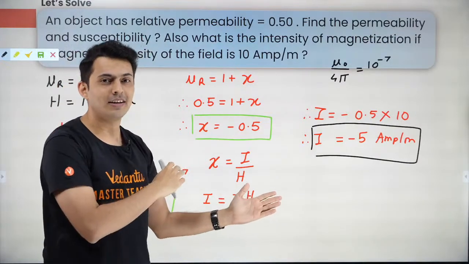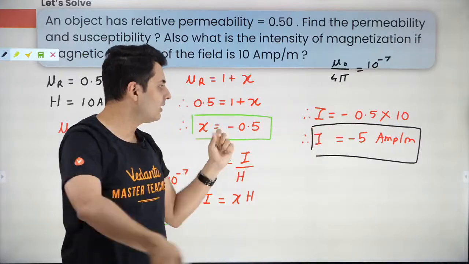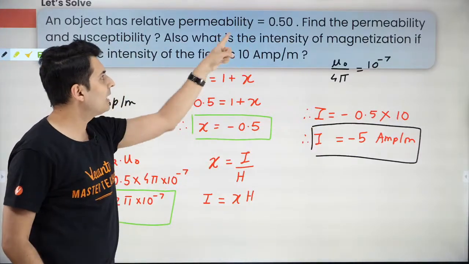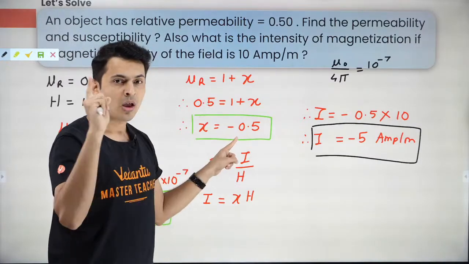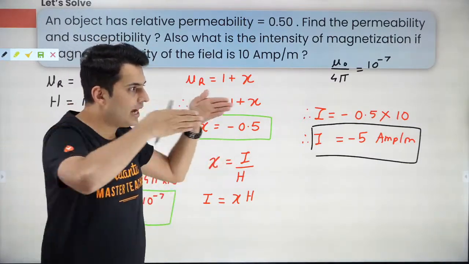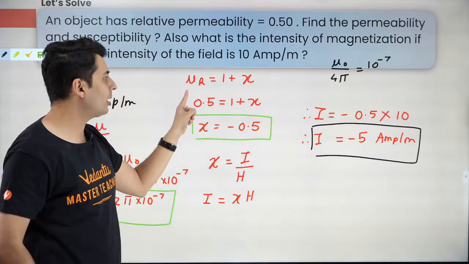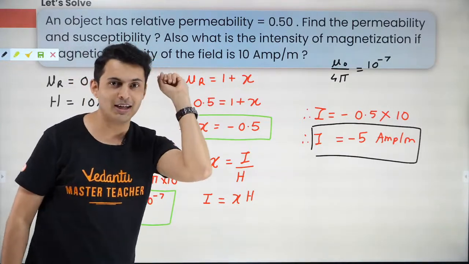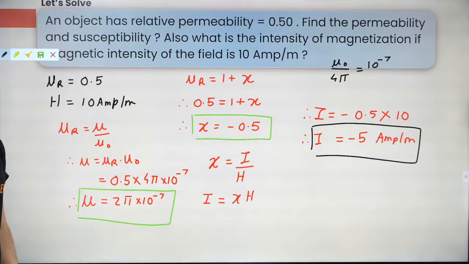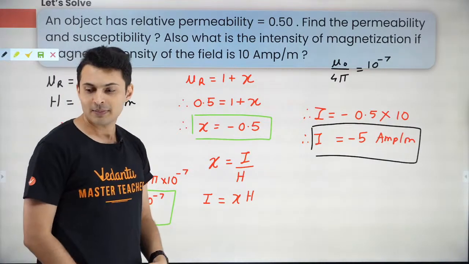So all those materials whose induced field is opposite to the external field will have relative permeability less than 1 and susceptibility as negative. All those things whose I is in the same direction of external field will have relative permeability more than 1 and susceptibility as positive. Very important. I hope this makes sense. All right. Shall we go ahead then?